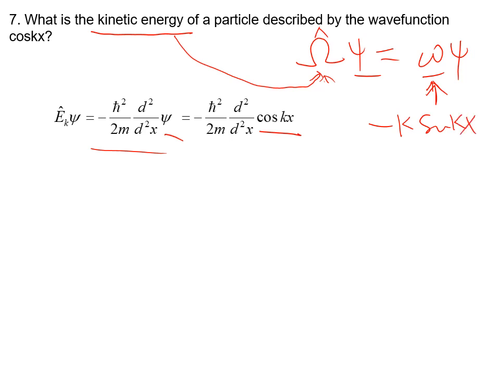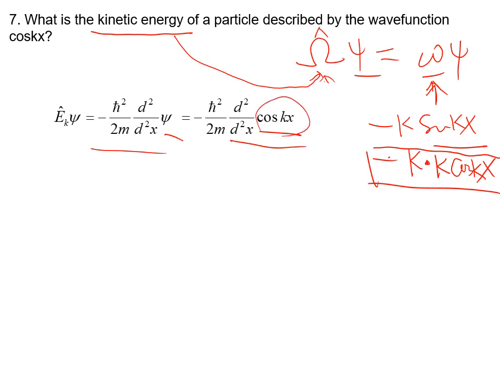And the second derivative is the derivative of negative k times sine kx, which is negative k squared times cosine kx. So this is the second derivative of cosine kx. Now you have a negative sign in front, so negative becomes positive. So the result is h bar squared k squared divided by 2m times cosine kx.